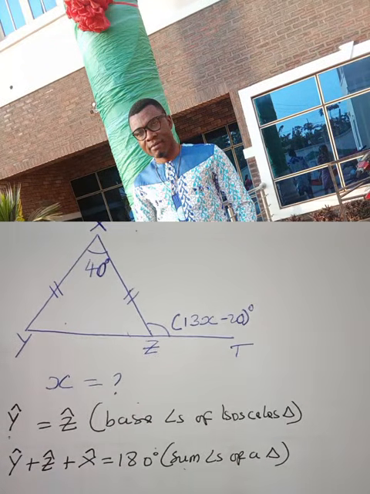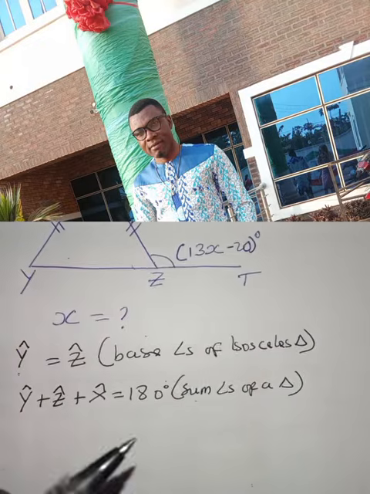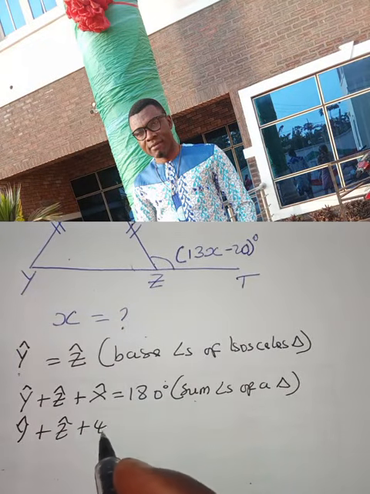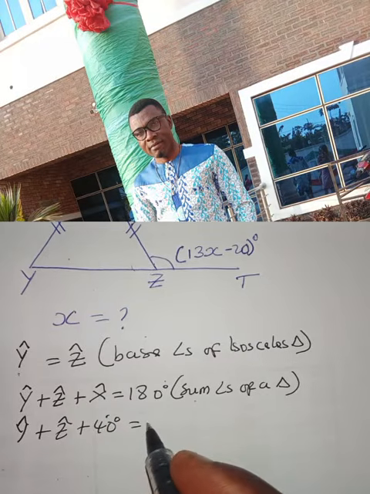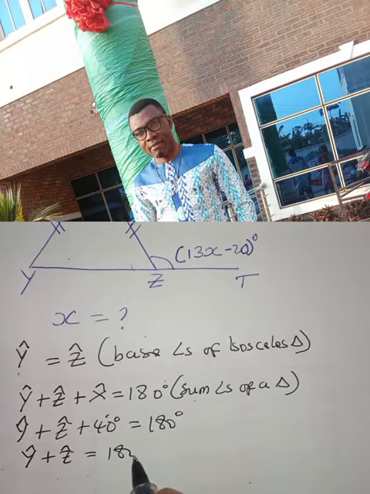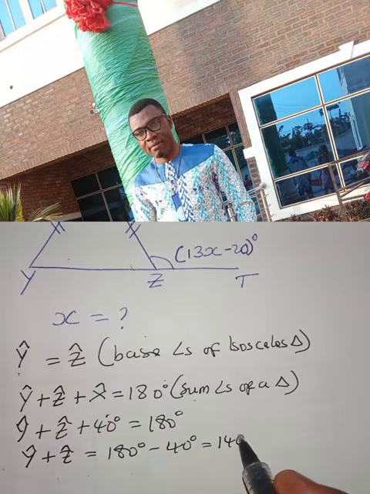So while our x is 40 degrees, we can say that y plus z plus 40 degrees equals 180 degrees. So y plus z equals 180 minus 40, and that gives us 140 degrees.